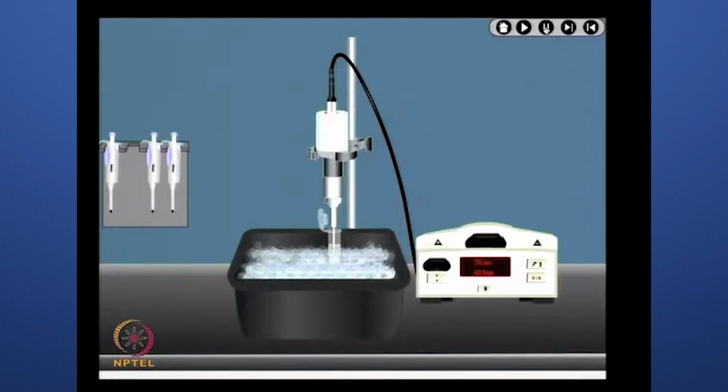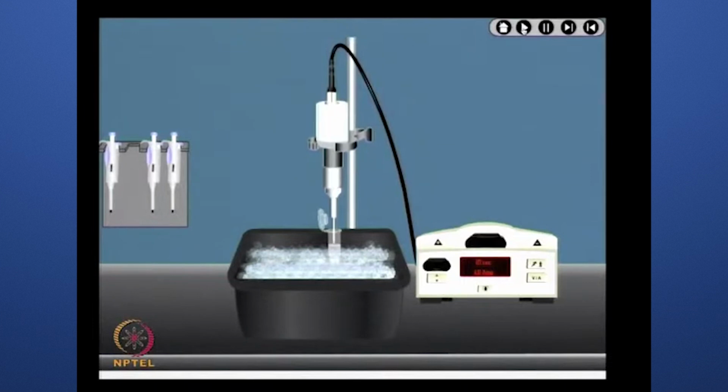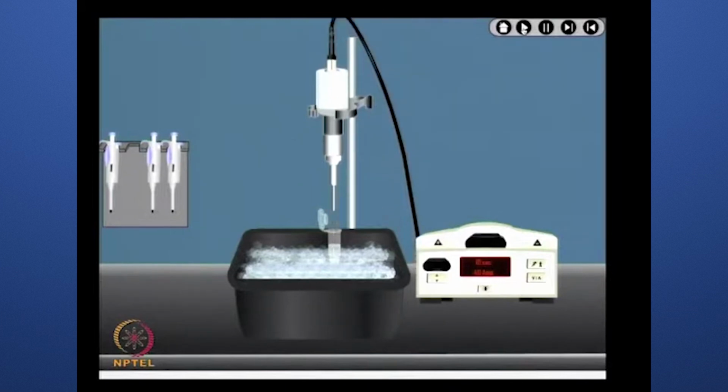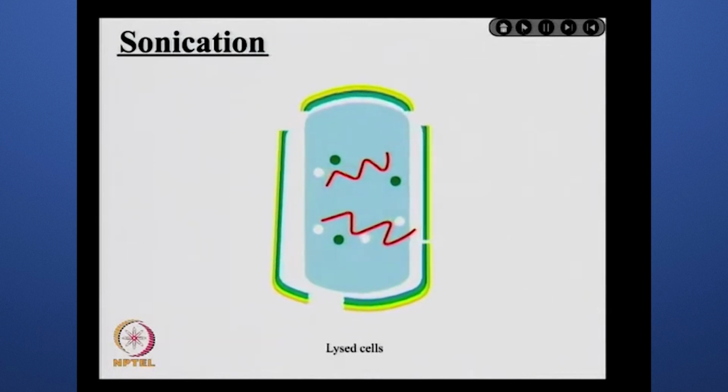The sonication step helps to release the content of bacterial cells. Sonication can be performed using a sonicator for 6 cycles of 5-second pulse with 30-second gap in between at 20% amplitude.